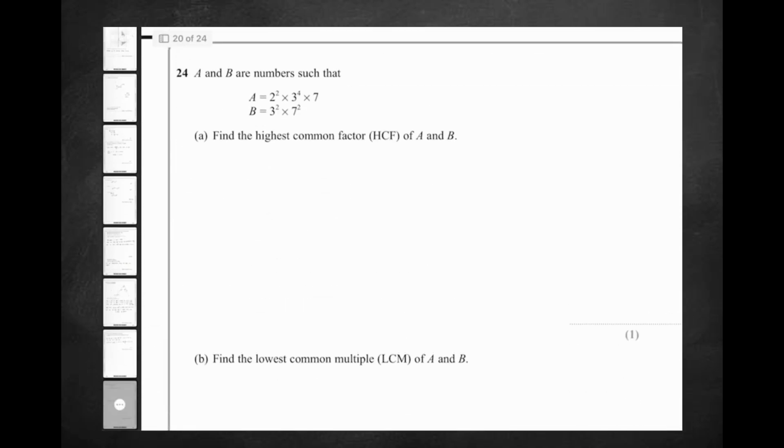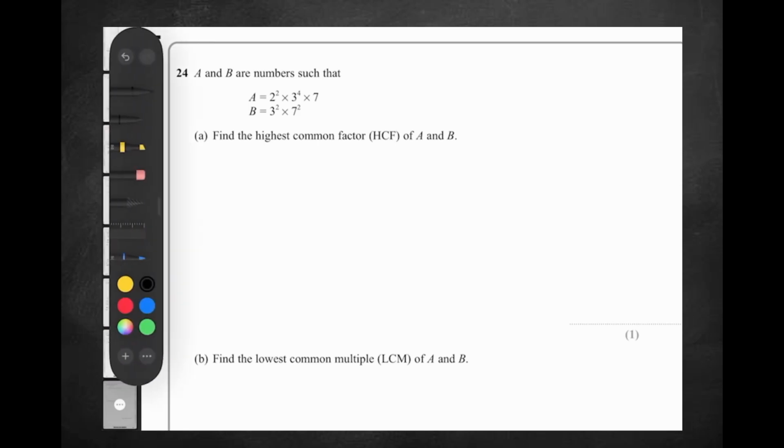Question 24. A and B are numbers such that A equals 2 squared times 3 to the 4 times 7, B equals 3 squared times 7 squared. Find the highest common factor of A and B. So we'll ignore the 2's because B doesn't have any 2's in it.